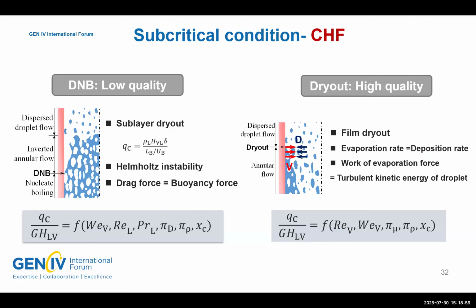And for the dryout condition, we assume that the liquid film will be dried out, and the evaporation rate equals the deposition rate, and also the work of the evaporation force is equal to the turbulent kinetic energy of the droplets. Based on these assumptions, we developed the correlation of the dryout.